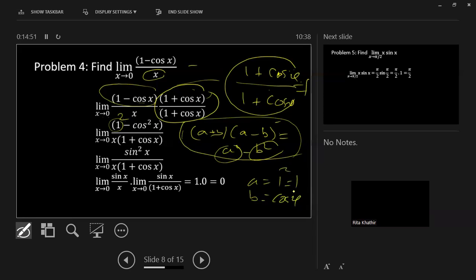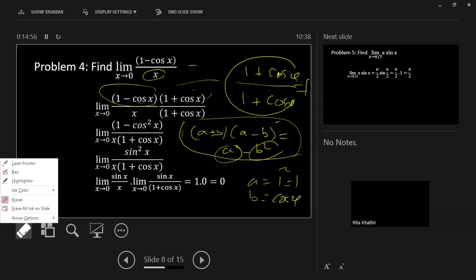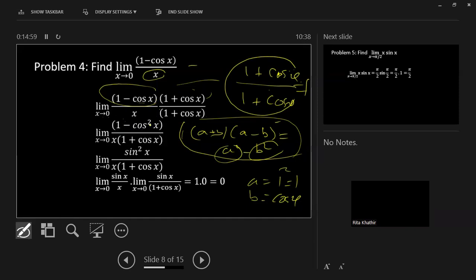That's why the result of this is 1 minus cosine square of x, and on the bottom side we have x multiplied by 1 plus cosine x. And again, if you remember rule number 1 on our first slide, we have that sine square of x plus cos square of x equals 1.